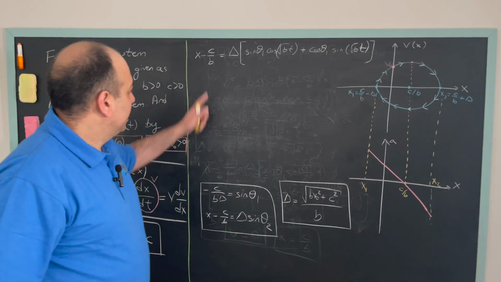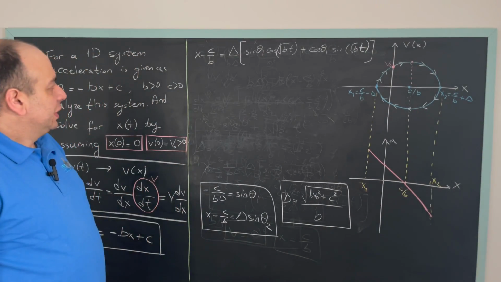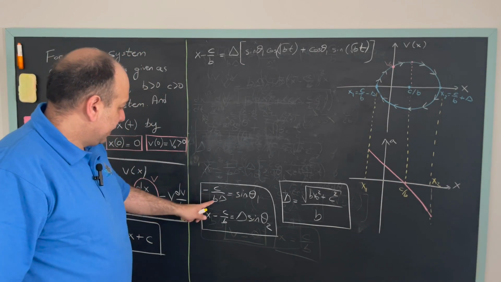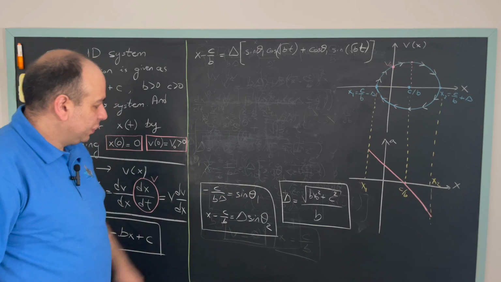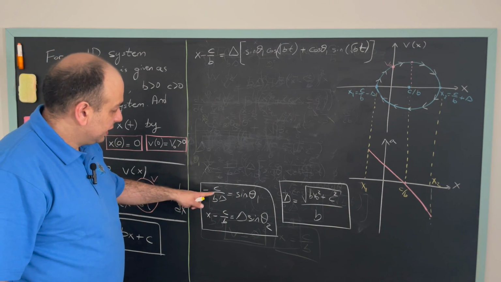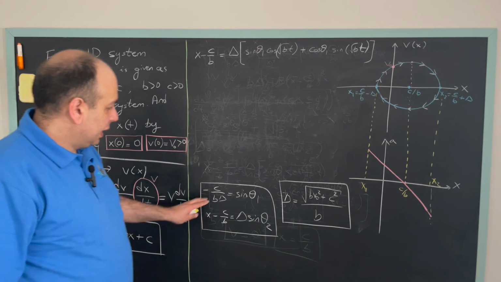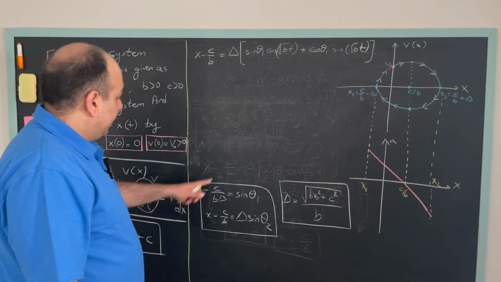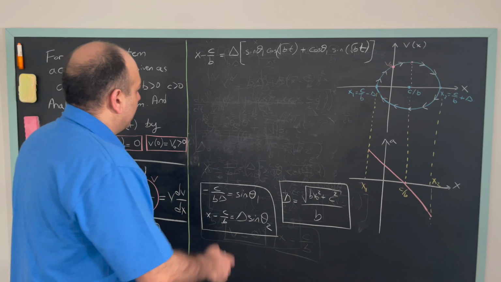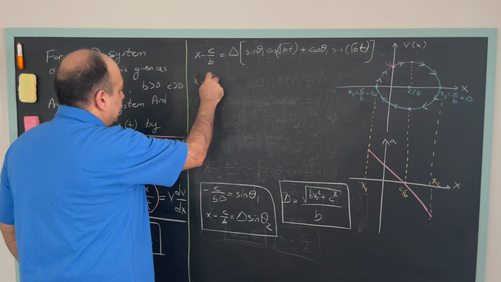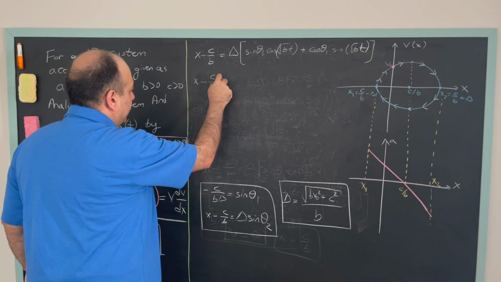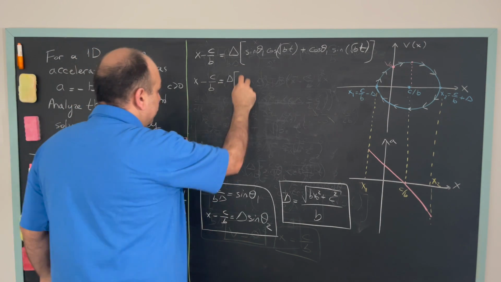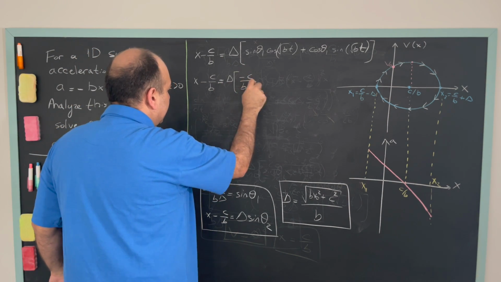In the last part, we got this equation for x. Okay, and theta 1 is defined as that. So sine theta 1 is equal to minus c over b delta, and delta was defined like this. Okay, so now what we have here is the first term is sine theta 1. So you can write x minus c over b times delta. So sine theta 1 is equal to minus c over b delta.